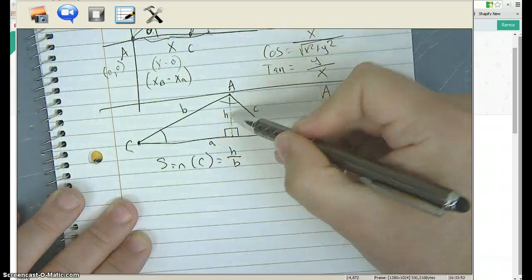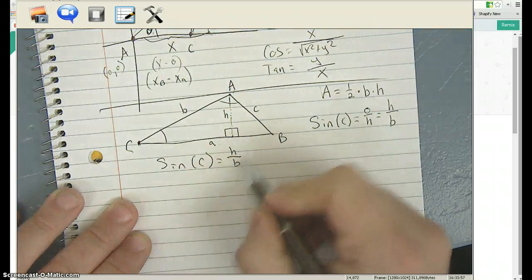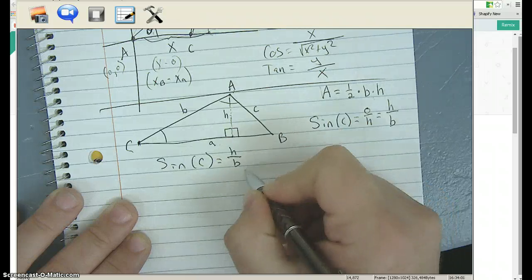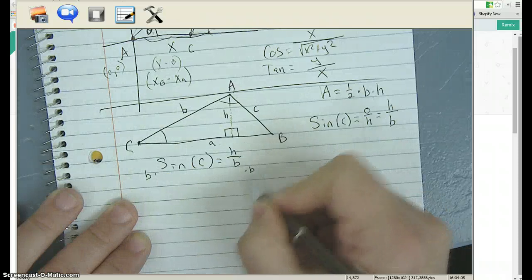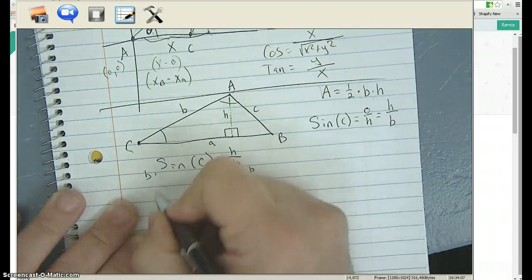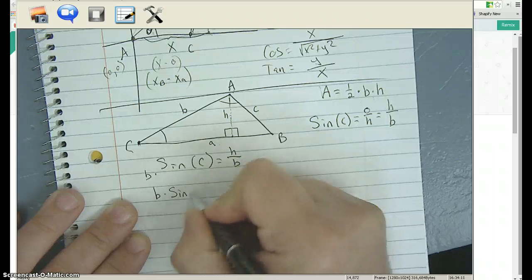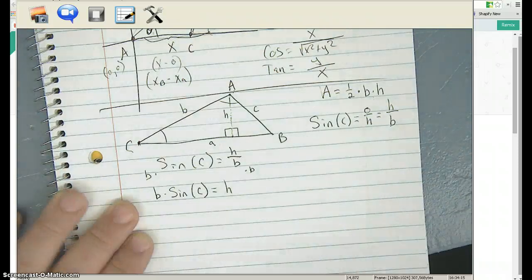That makes sense? This over that. Can we find out what h is? Sure, we can rewrite it using algebra. We would multiply this side by b and this side by b, and b is going to cancel. So b times sine of angle C is equal to my height.